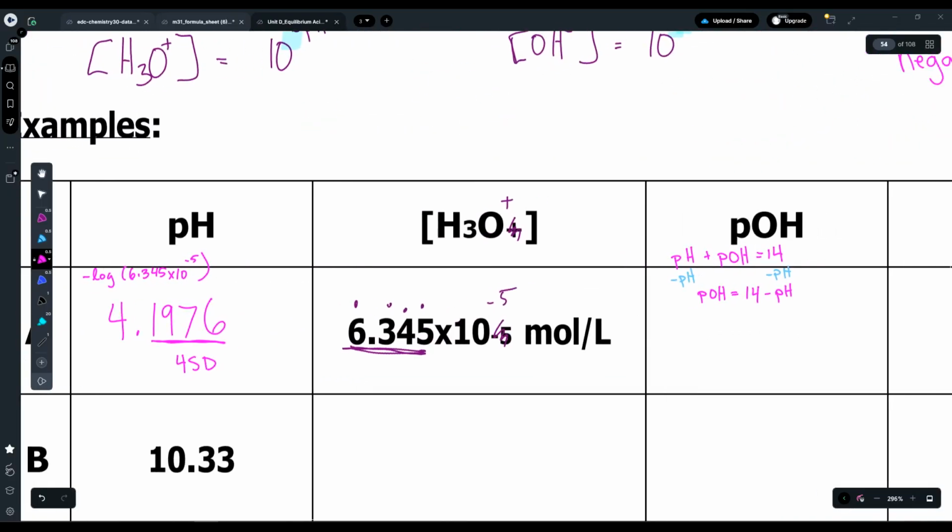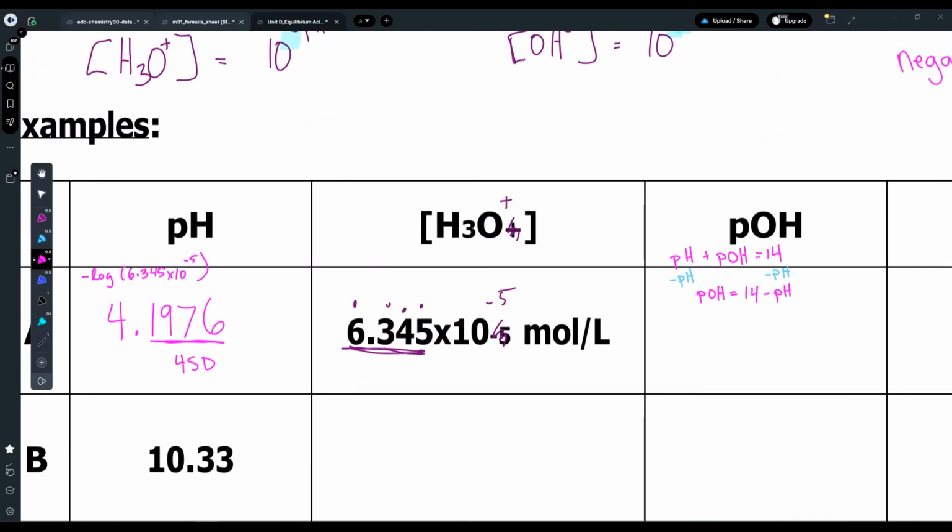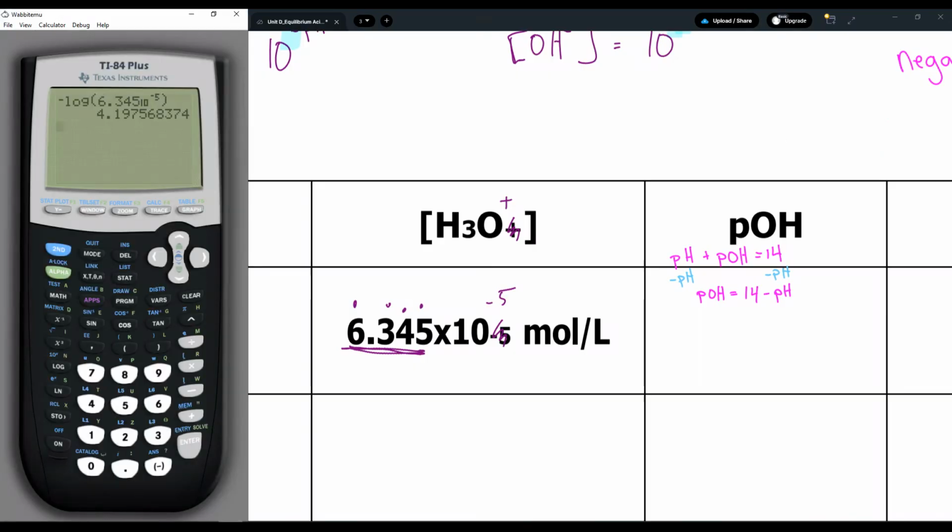Okay, so I'm going to use the raw value, 4.19756 goes on forever. And I'm going to go 14 minus that raw number. So I get 9.8024 goes on forever.